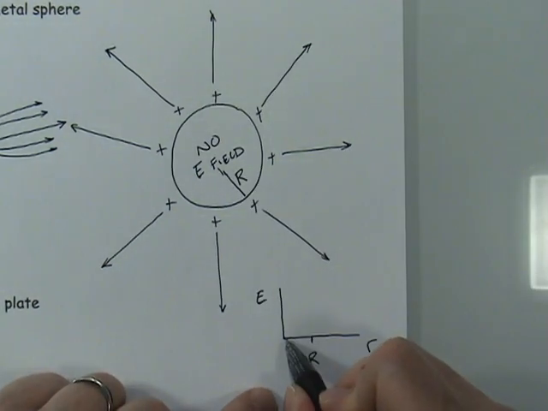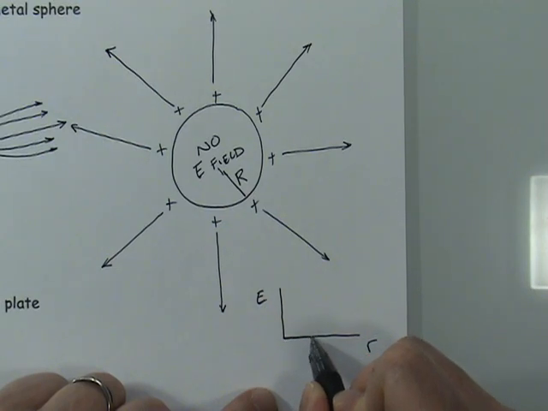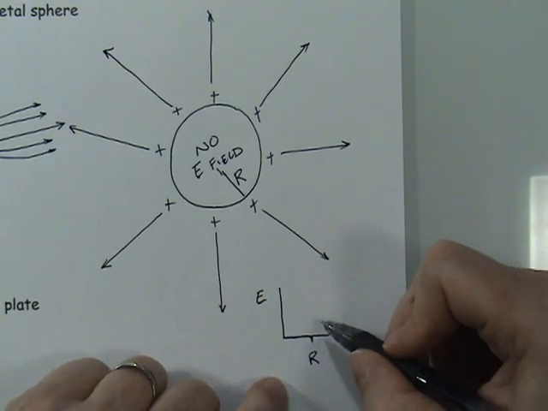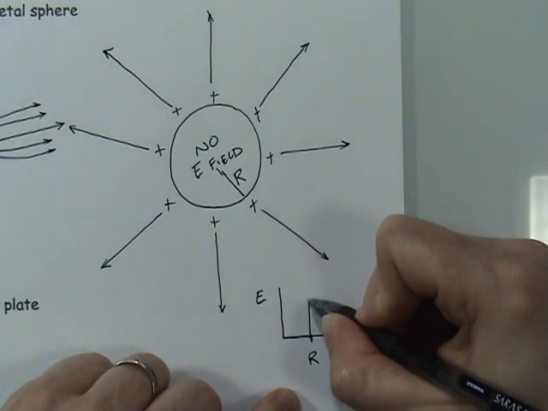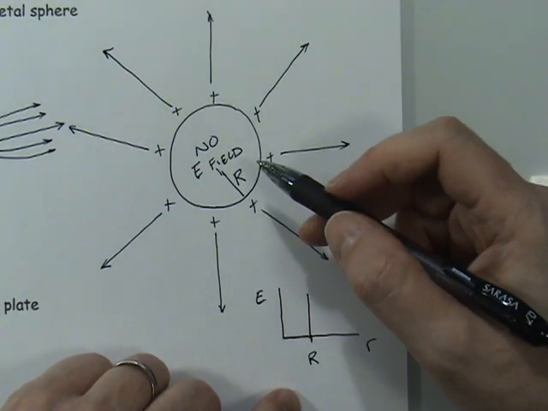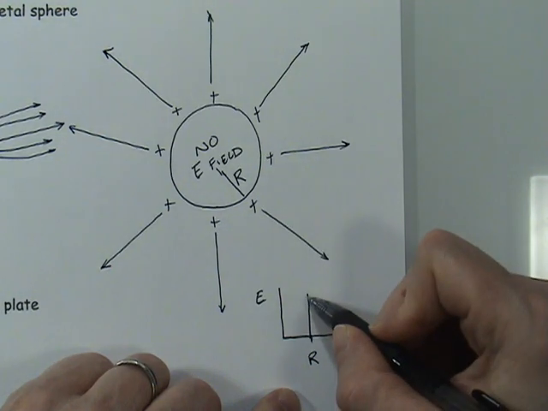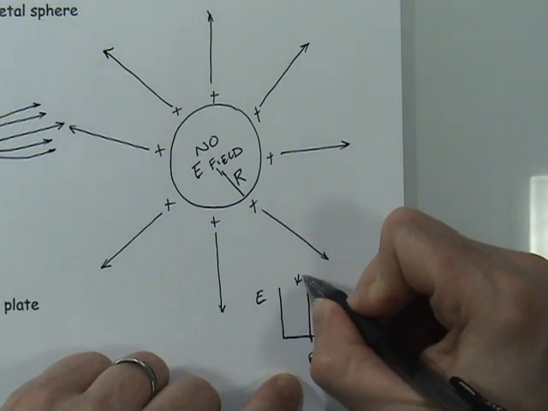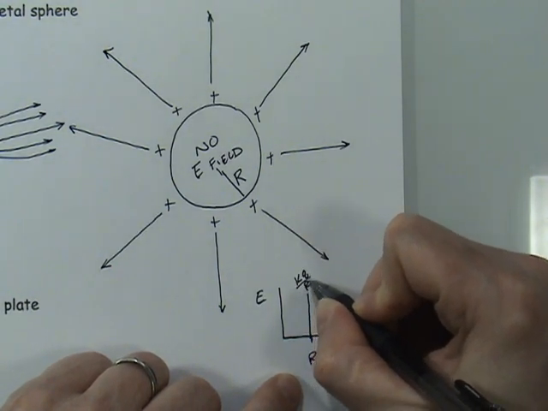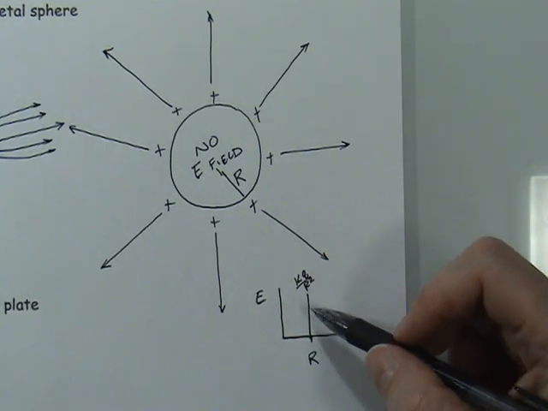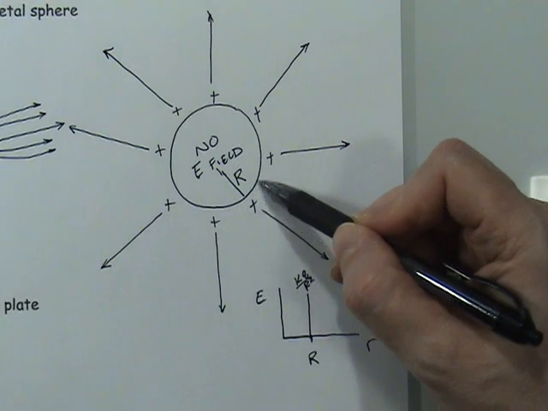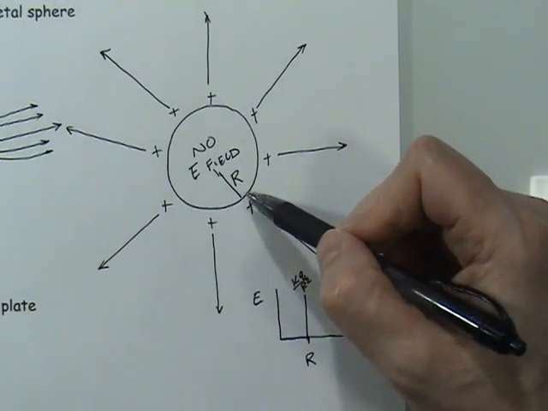Essentially there would be nothing happening until you got to R. Then as soon as you get to R, the electric field is going to jump up. We could calculate it using the equation KQ over R squared. It's going to jump up to some value equal to KQ over big R squared. That is the most intense that the electric field can be, right here on the very surface of this, not on the inside, but on the outside.